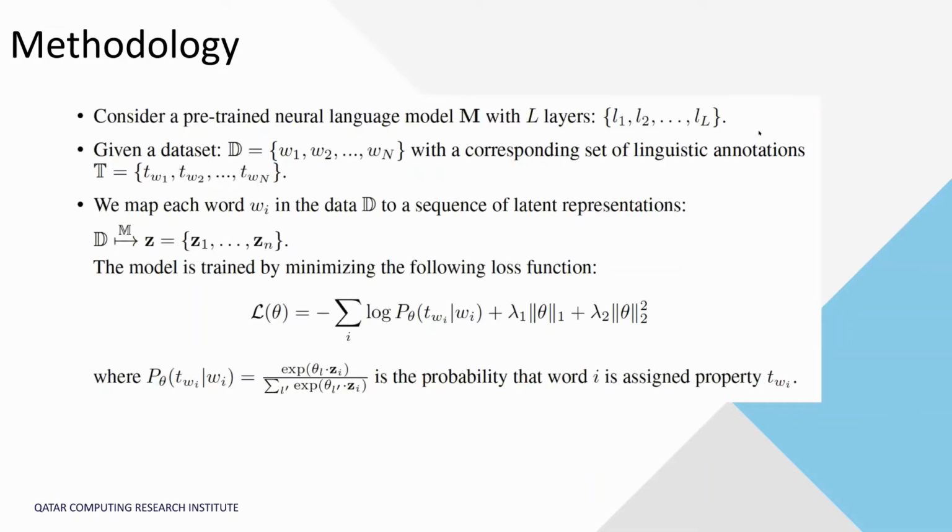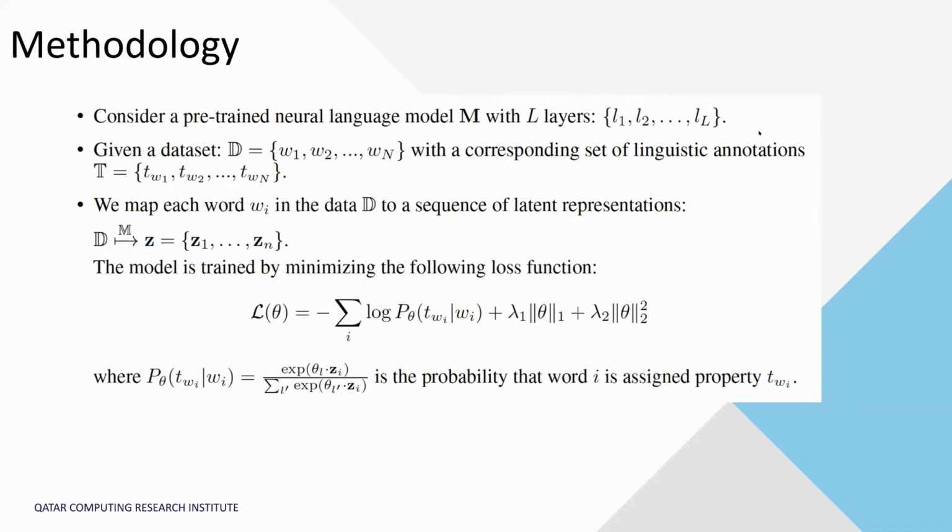As I said, let's consider a model M. In our case, we have 12 layers, from 1 to L. And we have a data set that contains words, and every word has its corresponding linguistic annotation, for example either part of speech or dialect identification. So every word has a corresponding tag, and we do this map.